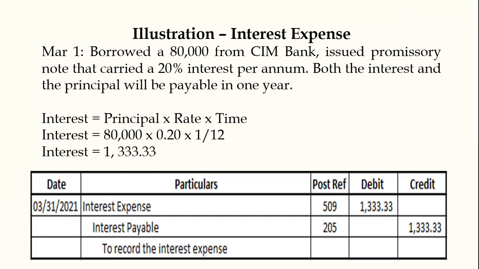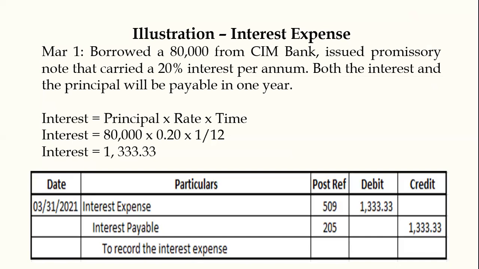So, i-compute natin ang interest nitong 80,000 na inutang natin. So 80,000 times, that is the principal amount, times the rate is 20% or 0.20, times 1/12. Bakit times 1/12? Because ang atin lang namang i-record for this time ay 1 month interest expense. Right? So 1 month interest expense.